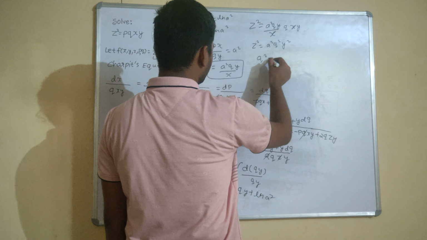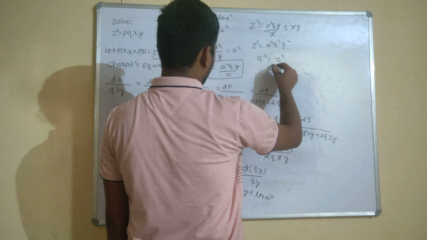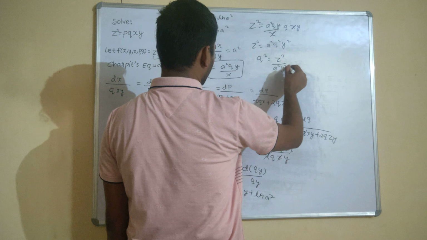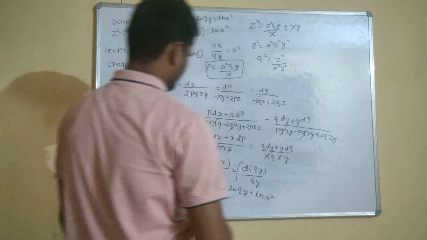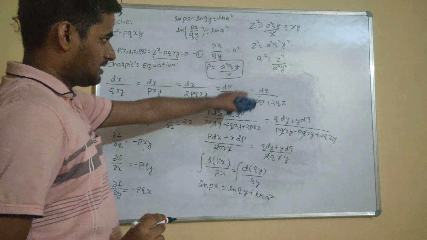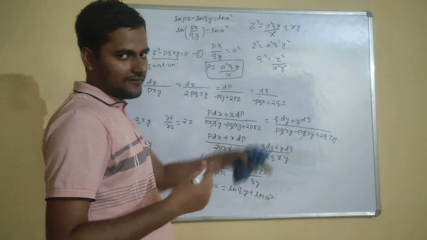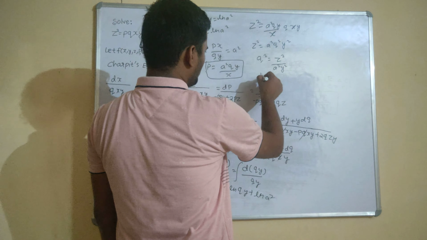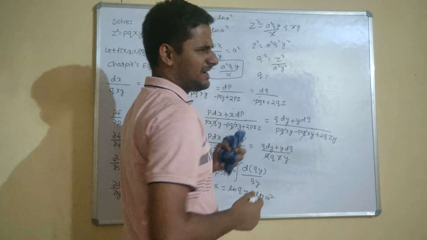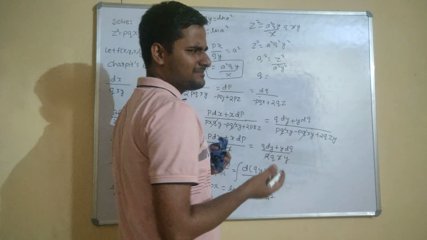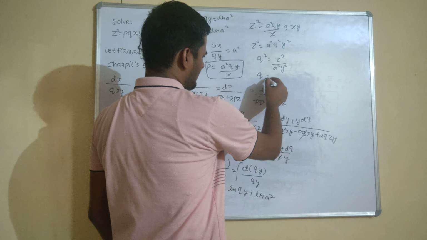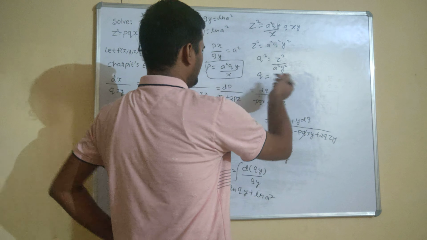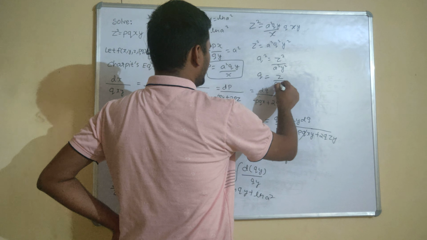So q square is z square divided by a square y square. Let's see that taking this a square is finally benefiting us. Take root both sides. You can write plus minus. I sometimes neglect it, but yes, you have to definitely write it. So q is z divided by ay.